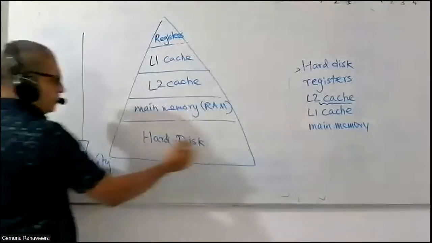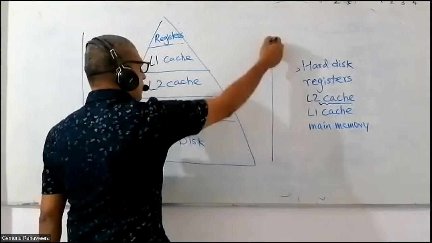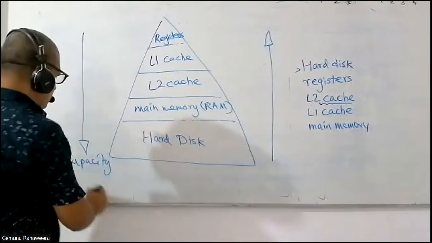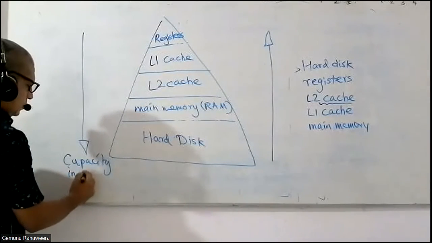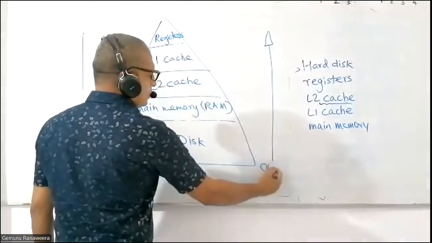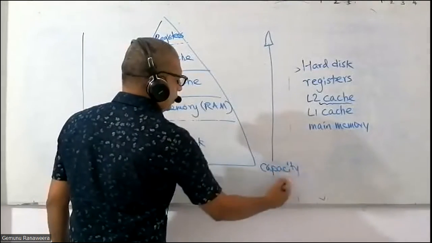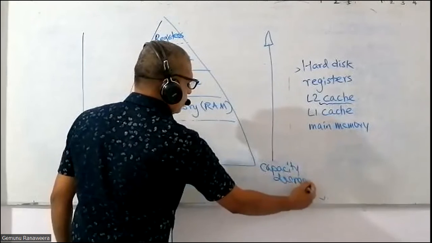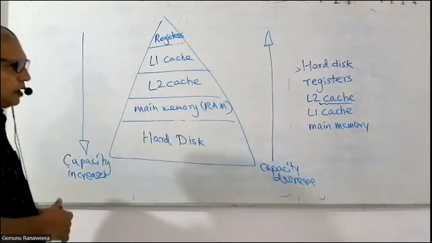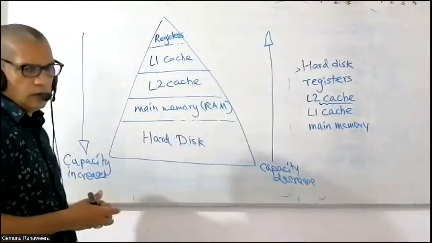If you go from bottom up, the capacity decreases. And if you think about the speed, where do you think the fastest memory is located?